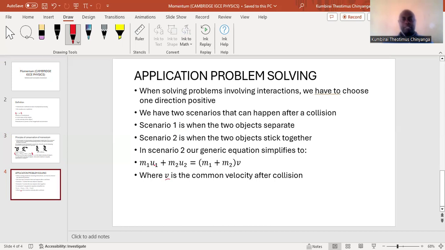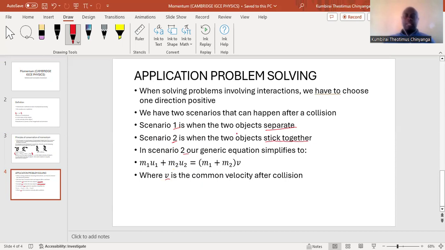Now let's go to the application of this equation in certain specific situations. There are two scenarios that happen after two objects collide. Scenario one is when the two objects separate, and scenario two is when the objects stick together.